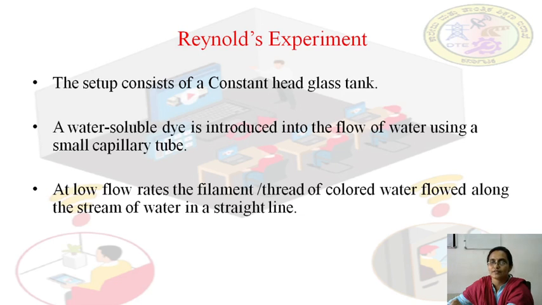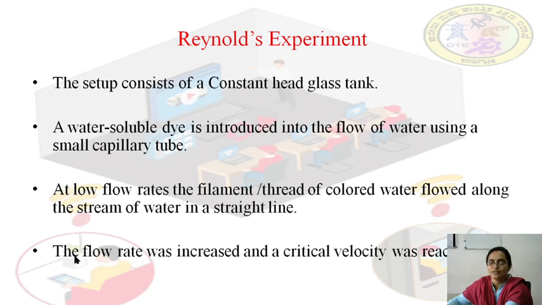The filament or stream of water will be in a straight line because the velocity is low at low flow rates. Then the flow rate was increased, and a critical velocity was reached.